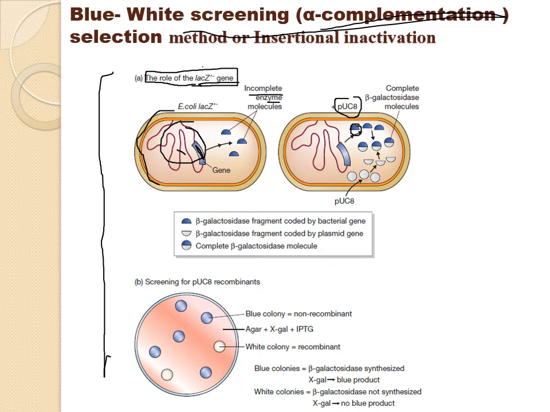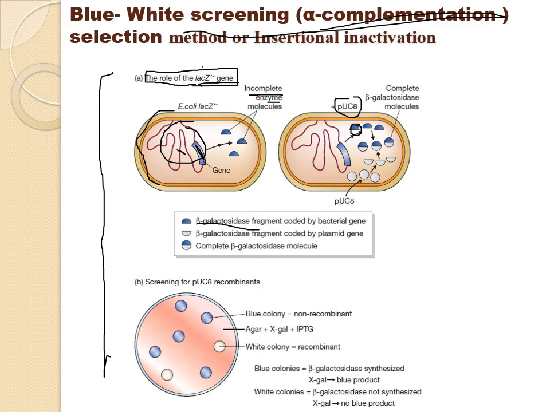As you can see, the beta-galactosidase fragment is coded by the bacterial gene, and this is a beta-galactosidase fragment coded by the plasmid gene. Both of them get joined to form a complete beta-galactosidase molecule with the help of the lacZ gene.